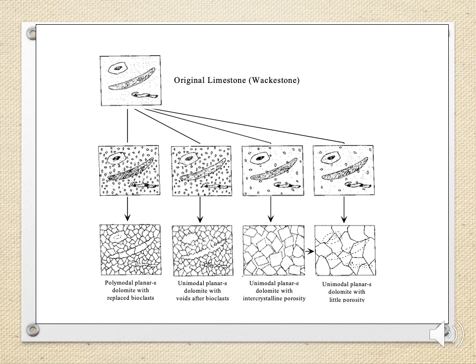Or you have unimodal planar-s dolomite with little porosity. So this has no porosity. You can see the pore spaces in between these crystals on the left. No porosity, but you might have these ghosts of the forms or shadows of the allochems that were there in the past. So this we would call mimic, and this one would be non-mimic.